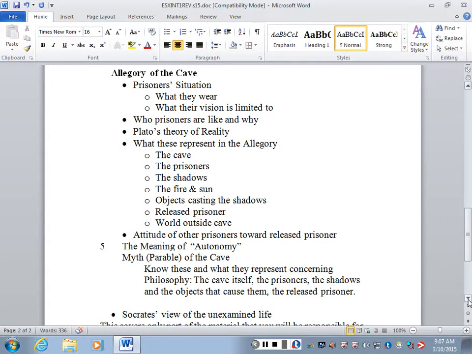One is to try to bring this story into 2015 and say, well, we're like the prisoners because we too have grown up in a particular intellectual environment.